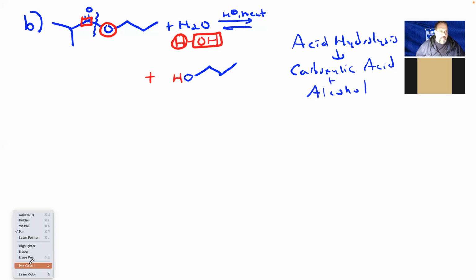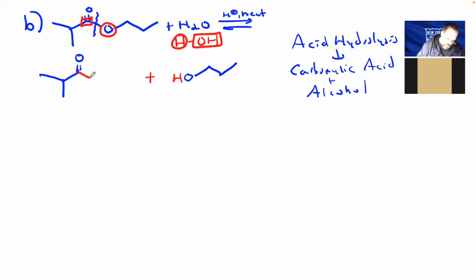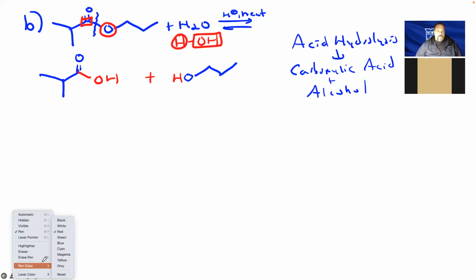To lead us to the carboxylic acid. So I'd have CH3, CH with another CH3, C double bond O, and then that C double bond O carbon is going to be connected to what? That C double bond O carbon is going to be connected to OH. What type of structure is that? That, of course, is a carboxylic acid. So that's my recommendation for drawing the products of that reaction.